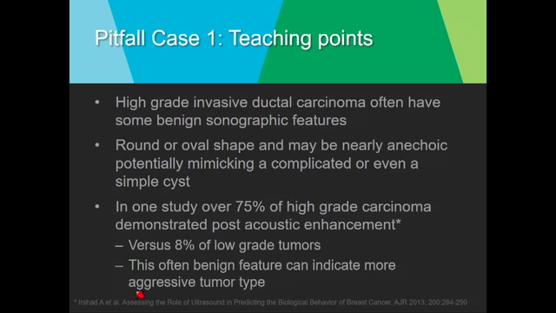And in fact, one study referenced down here showed that over 75% of high-grade carcinomas demonstrated posterior acoustic enhancement, which is typically associated with cystic lesions, versus 8% of the low-grade tumors. So this often benign finding of posterior acoustic enhancement can actually indicate a more aggressive tumor type.